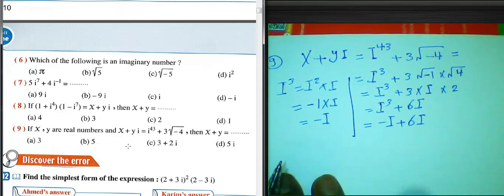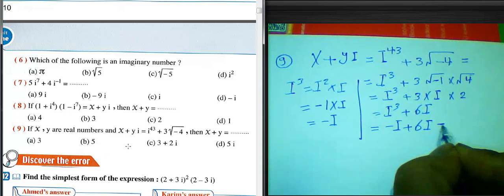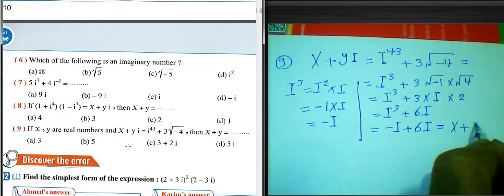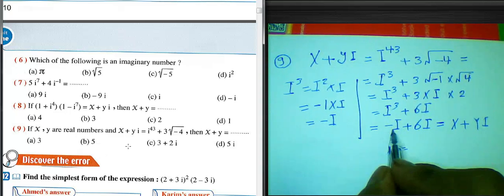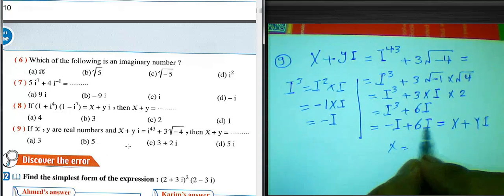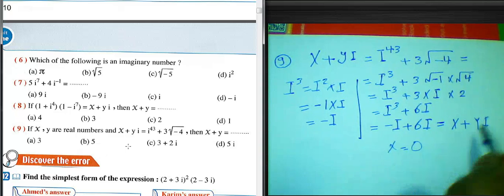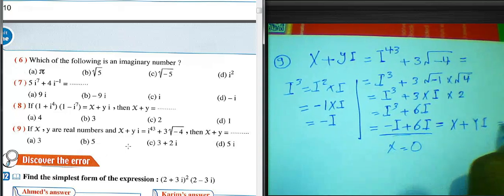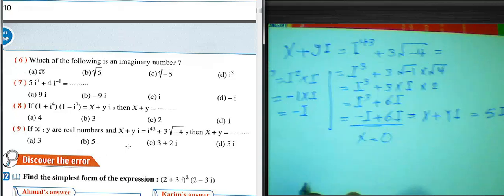Okay, he wants to find x plus y. This equals x plus yi. Negative i plus 6i will be 5i. So x will be 0 because the result will be 5i.